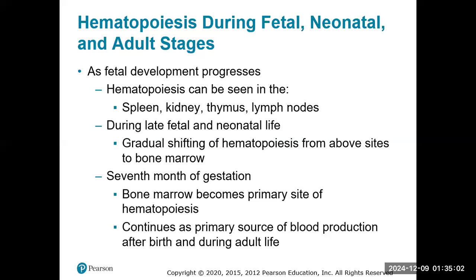Then we see that shift continue and start moving to the bone marrow. By the seventh month of gestation, the bone marrow is the primary source, and it continues to be the primary source of our hematopoietic cells to birth and afterwards.